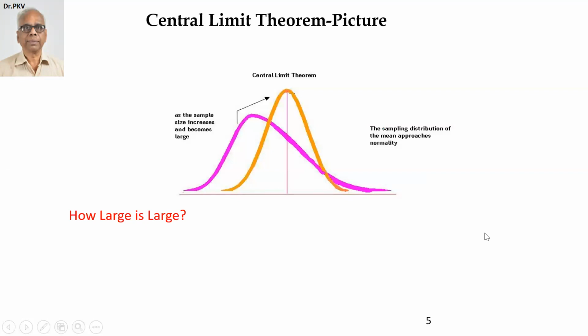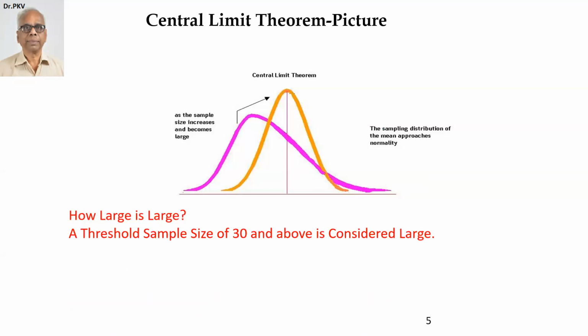This is a question which we have to answer. A thumb rule or accepted convention is a threshold sample size of 30 and above is considered large. In other words, you qualify to apply the Central Limit Theorem if the sample size which you can consider from the population is 30. It does not mean 30 is the best. It is a qualifying threshold number.